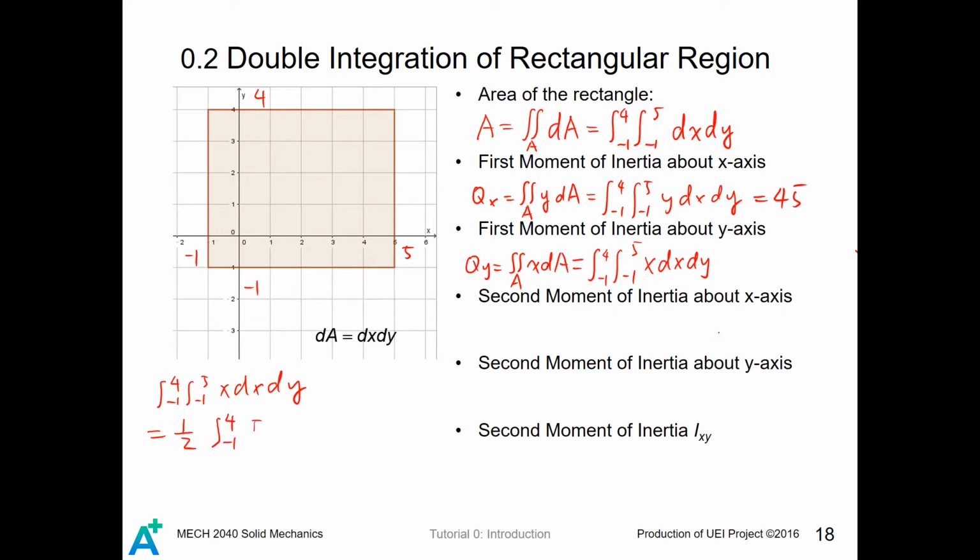And for the x squared, you have 5 squared minus 1, and you know this is just a number, 25 minus 1 equals 24. So this is 24 dy. Then you just take out the number, it is 12 times the integral from -1 to 4 of dy, and significantly it equals 5. Therefore, it is 12 times 5 equals 60. Therefore, the first moment of inertia about the y-axis is 60.